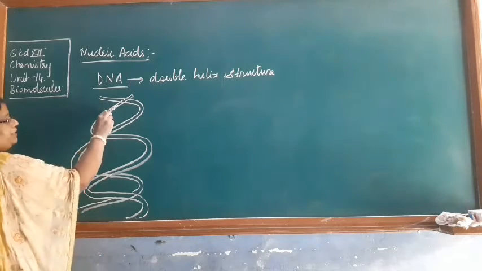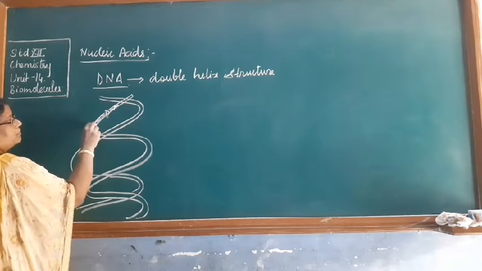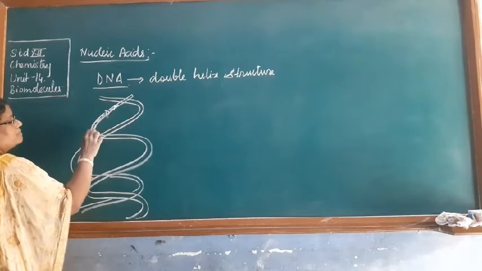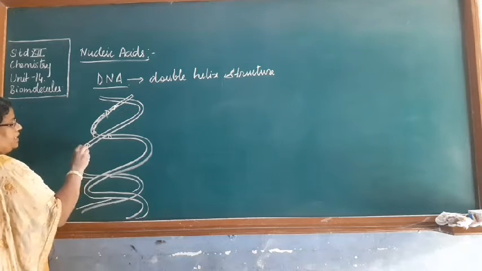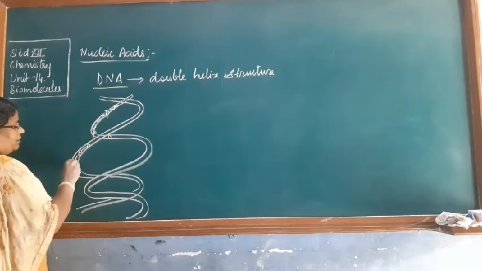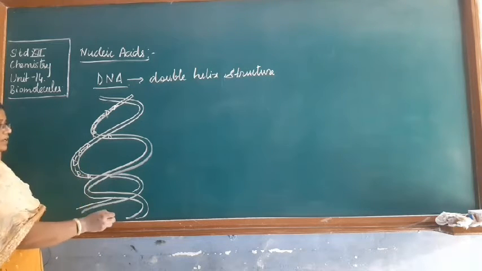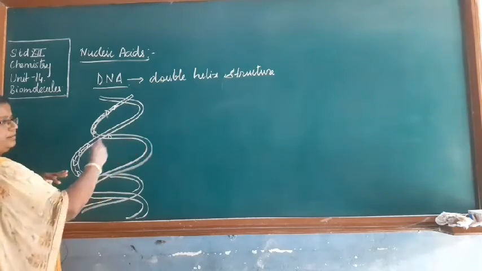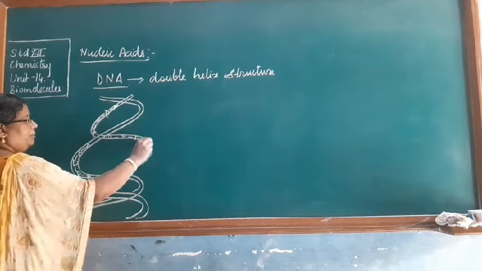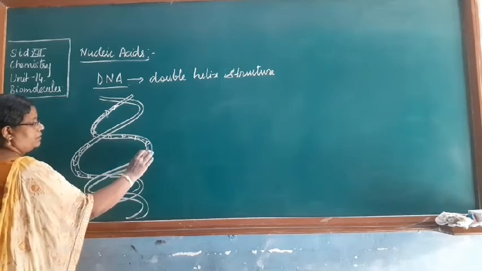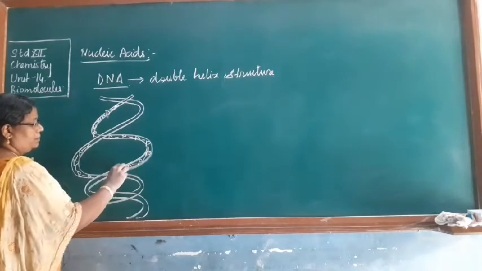Okay, so P, D, P, D, P, D. Okay, so here also D, then P, then D, then I have P, D, this way. Similarly, on the other strand also you will have D, P, D, P, you have D, P, D, P, this way.